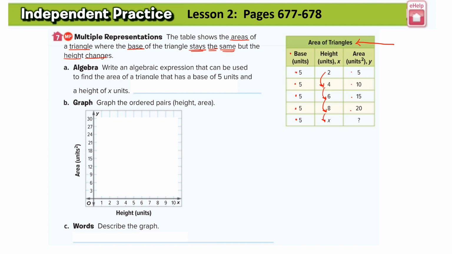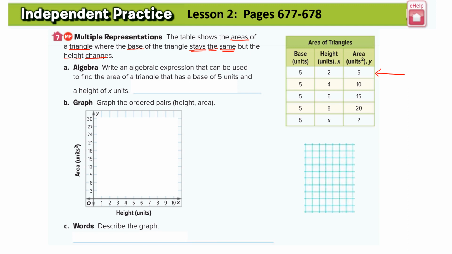Now I'm going to erase this so I have a clean page to work with. Let's take a look at what these would look like. For the very first triangle, the base is 5, so I'm going to draw that with a red line. The height is 2, so I'm going to go up 2 and create a triangle, which will look like this. If we counted it, the area would be 5.